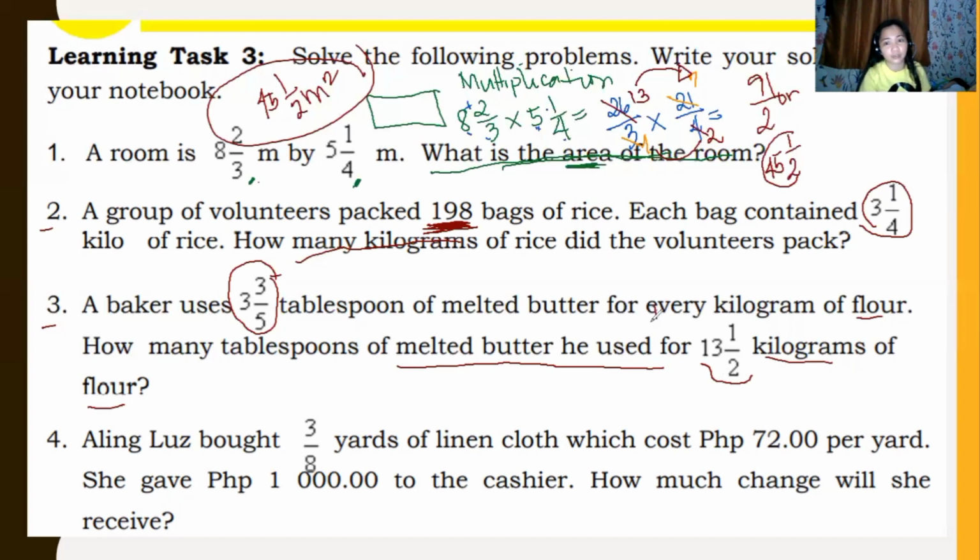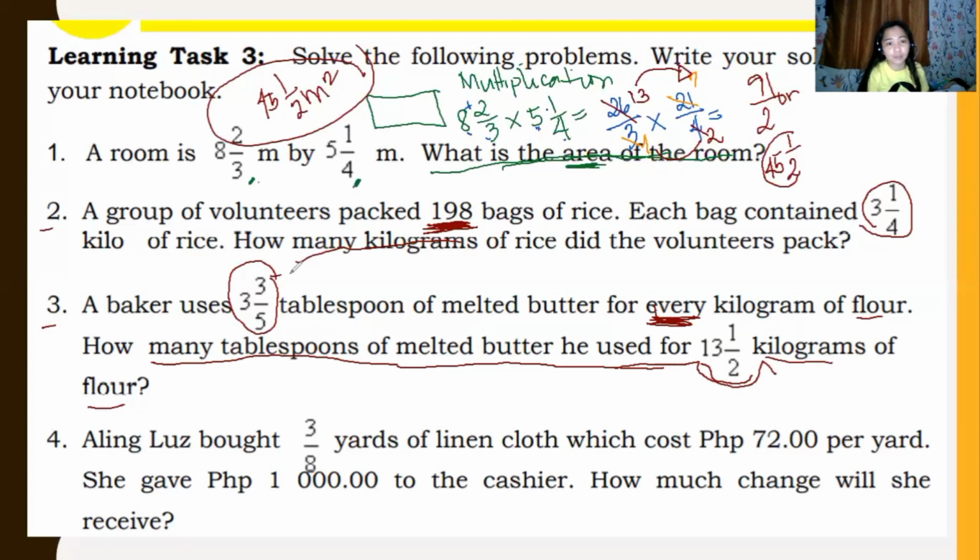Kasi nakalagay dito every. Ibig sabihin, in 1 kilogram of flour, we need 3 3/5 tablespoons or mahigit 3 kutsara na butter in every kilogram of flour. Ngayon, ang tinatanong, ilang kutsara kaya ang kailangan if he used 13 1/2 kilograms of flour?